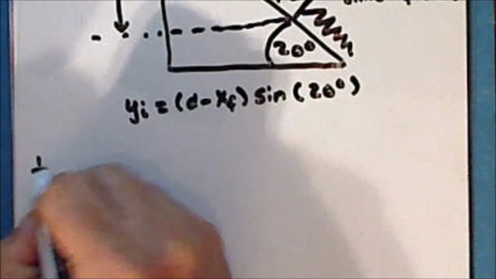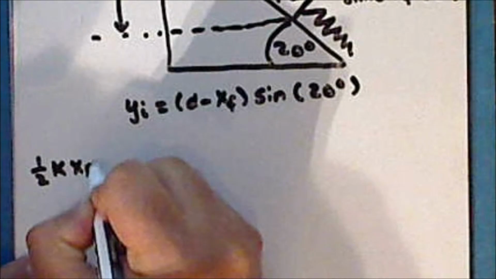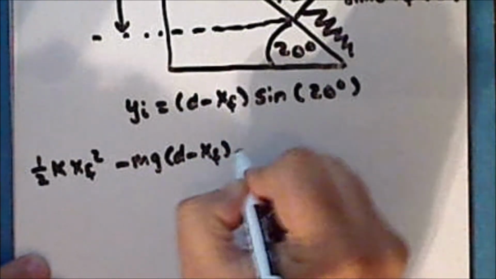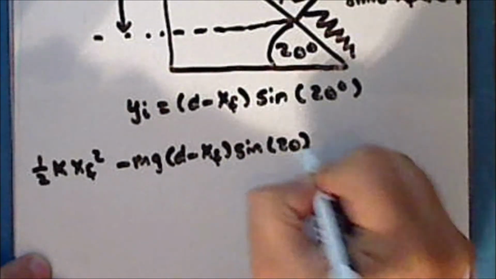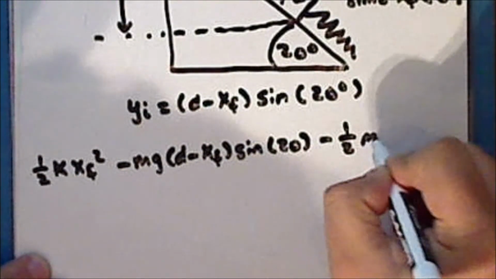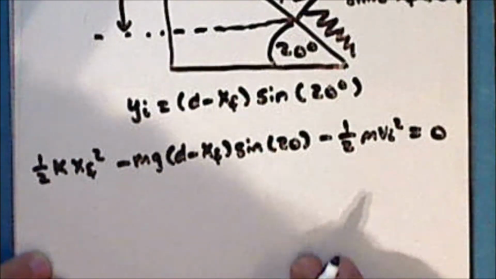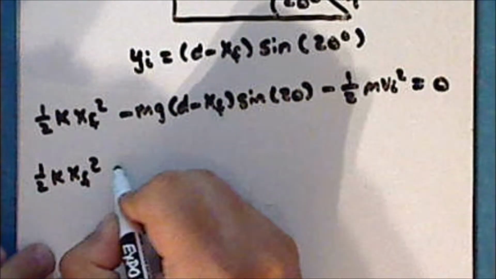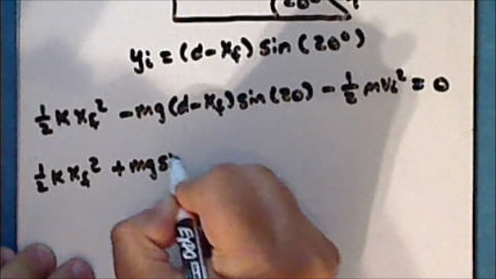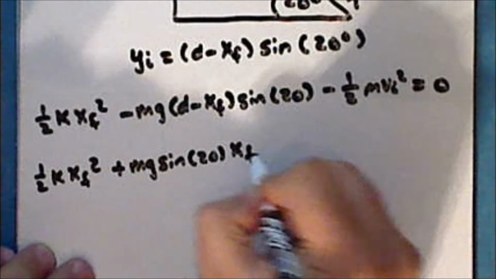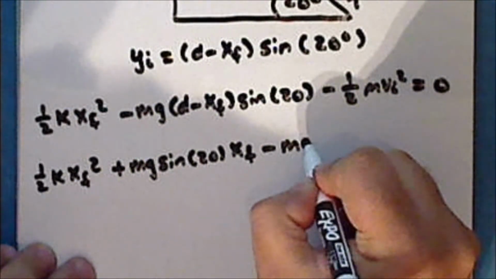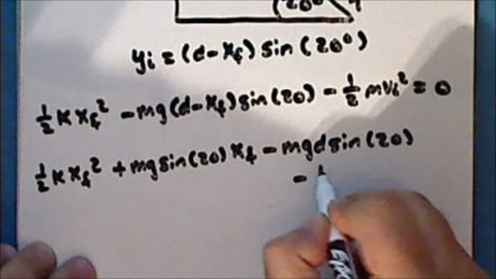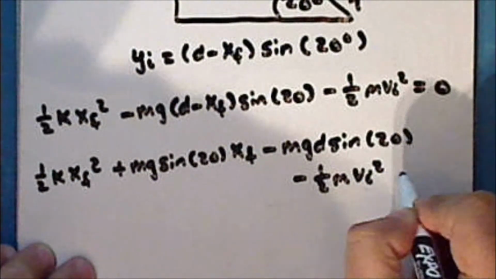And so our equation is 1/2 k x sub f squared minus mg times the quantity, d minus x sub f, times the sine of 20 degrees, minus 1/2 m v initial squared is equal to 0. So we have 1/2 k x sub f squared plus mg times the sine of 20 degrees times x sub f minus m times g times d times the sine of 20 degrees minus 1/2 m v initial squared is equal to 0.